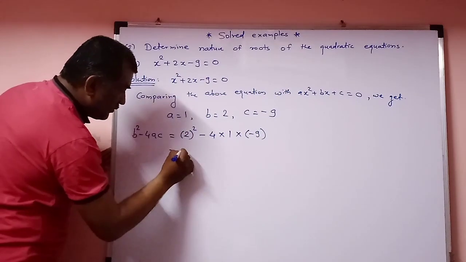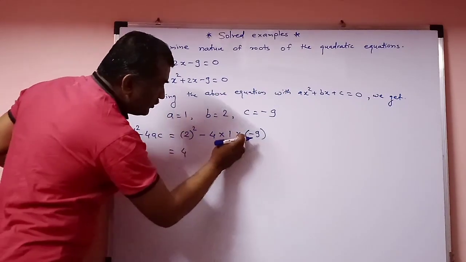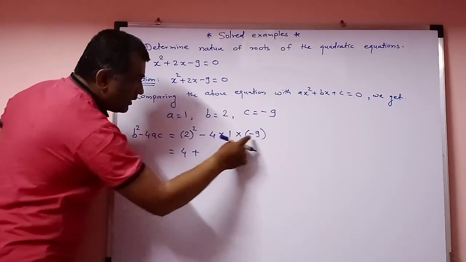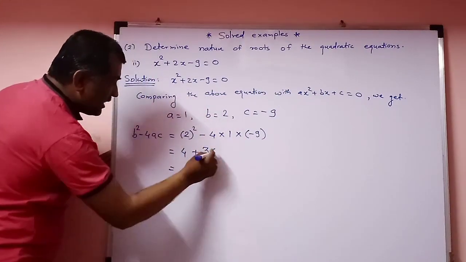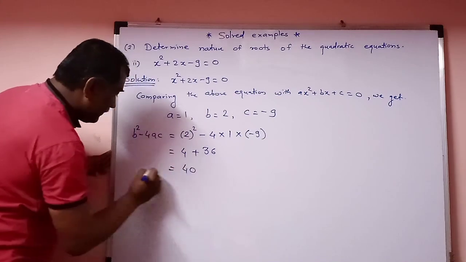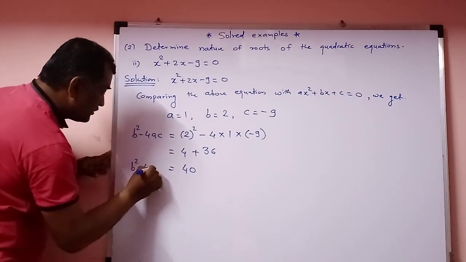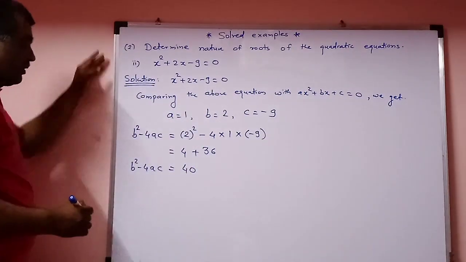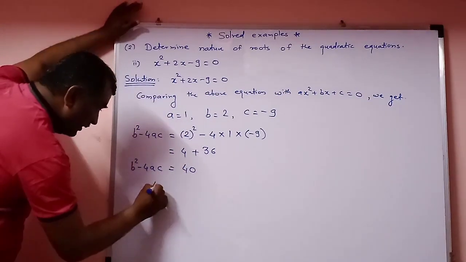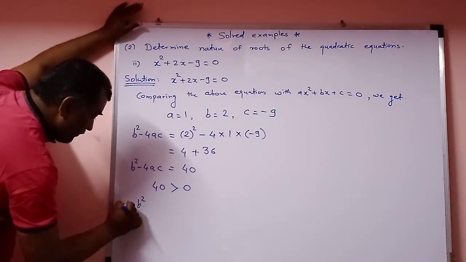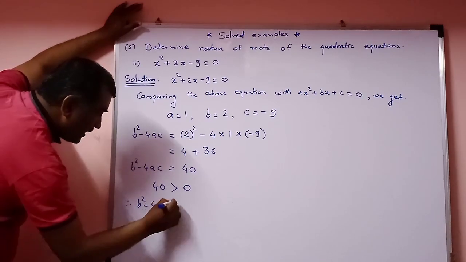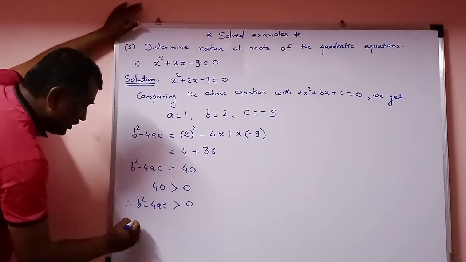Square of 2 is equal to 4, minus into minus plus, 9 ones are 9, 9 fours are 36. 36 and 4, 40. b square minus 4ac is equal to 40. Means 40 is greater than 0, therefore b square minus 4ac is greater than 0.